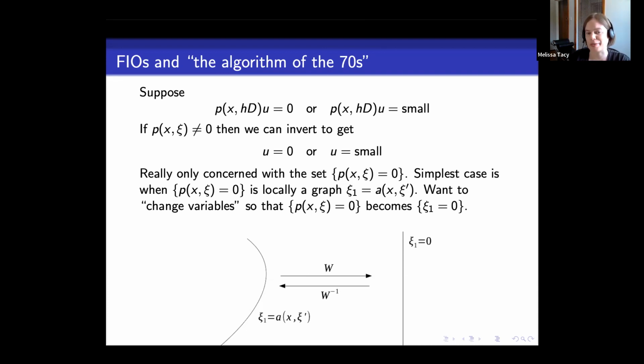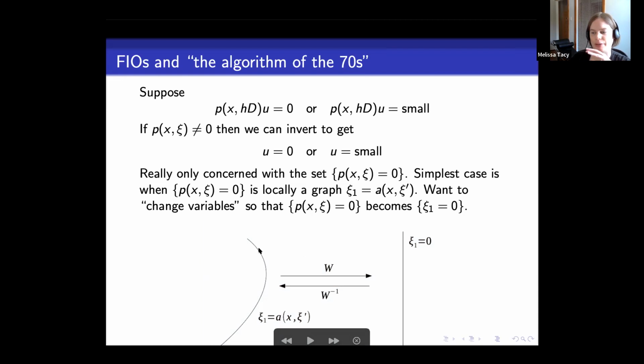And this is where the algorithm of the 70s comes in. The idea is we're going to convert our complicated semiclassical pseudodifferential operator into a simple constant coefficient differential operator. In fact, one that is really, really easy. So it says, well, here is my 0 set, p of x, xi is equal to 0. Okay, it sits in phase space, so 2n dimensional.